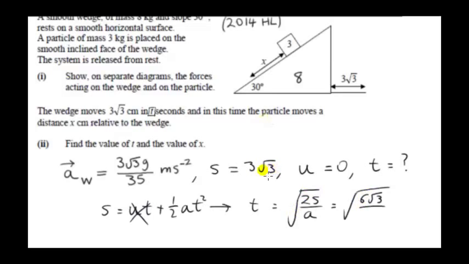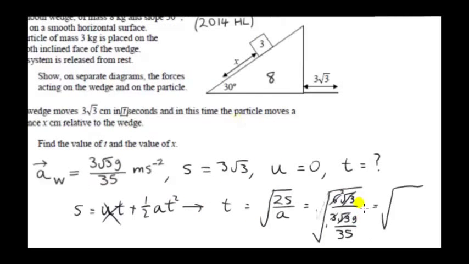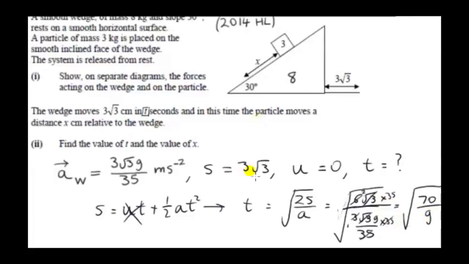So 2 times s is 6 root 3, and here's a. Okay, we can cancel the root 3's, divide 6 by 3 to get 2, multiply on top here by 35, and underneath by 35. So we get 2 times 35 is 70, and we just have g underneath. By the way, I forgot to convert s into meters. s is given in centimeters, so we need to divide this by 100.